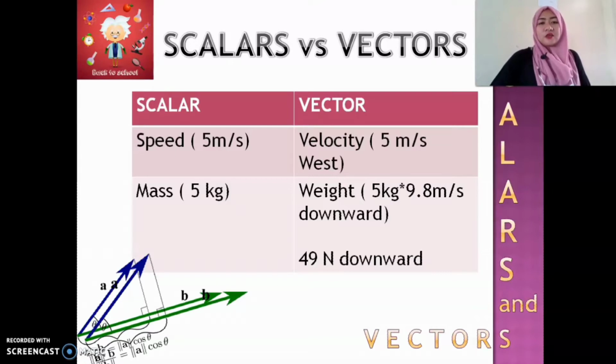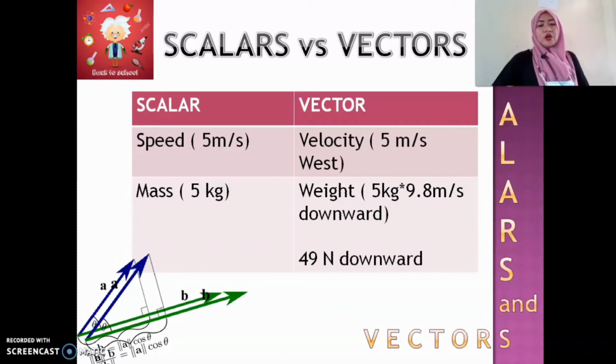But if you say that a car is moving 5 meters per second, that is just a scalar quantity. It only says its magnitude, not its direction. Next, the mass of an object that's 5 kilograms is a scalar quantity.